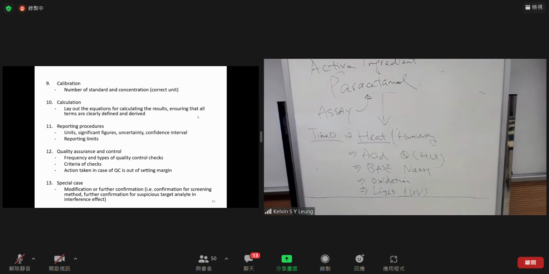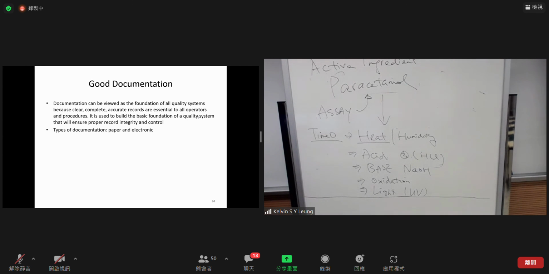So next we will talk about documents. Performing the experiment is very important, and a well-trained analyst is also very important for the experimental part.